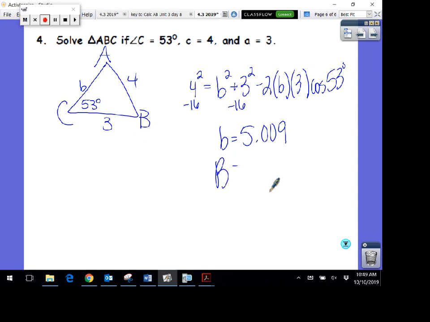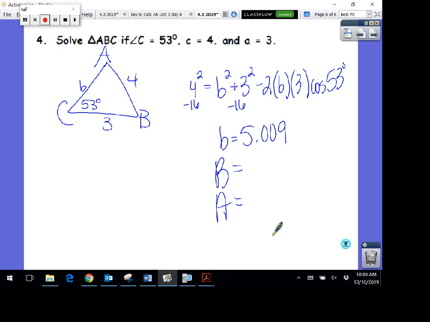Then we have angle B, and we have angle A. Now, you want to be careful right here. Side B is the biggest side. So we cannot use law, well we can, but we do not want to use law of sines to find angle B, because there's a chance that it's obtuse. There is a chance.